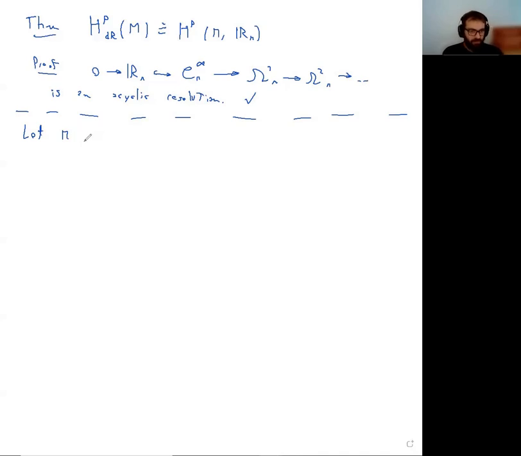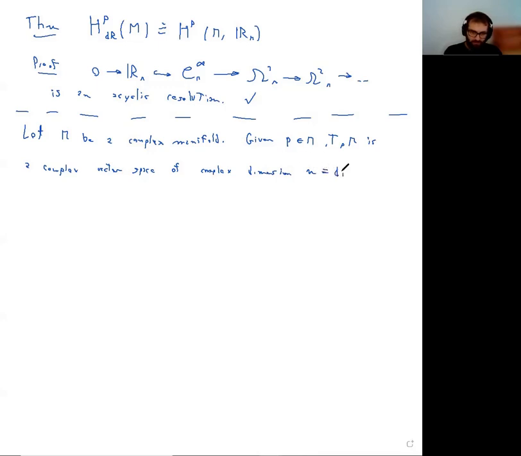So we'll start with a complex manifold. And given a point p in M, then T_pM is of course a complex vector space of complex dimension N, where N is the complex dimension of the manifold.